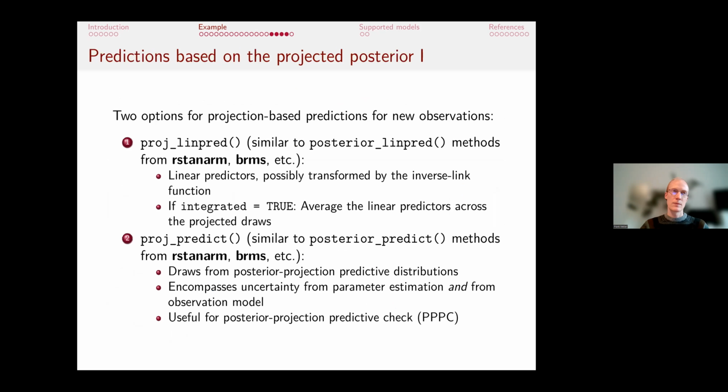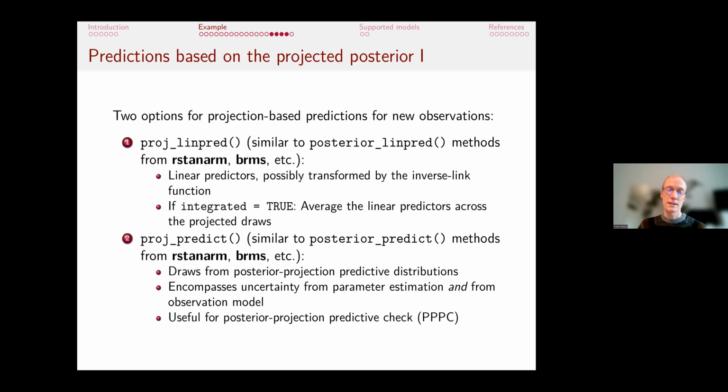And apart from the marginals, we can also make predictions based on the projected posterior. There are two options for this. The first one is projlinpred, which is similar to posterior linpred, for example, in rstanarm and brms and so on.